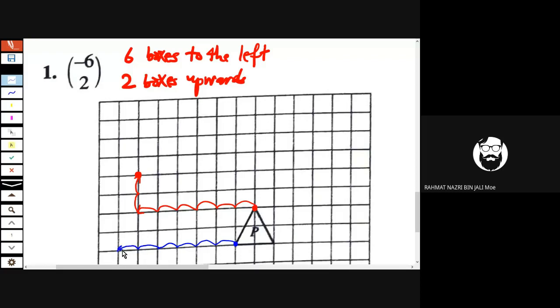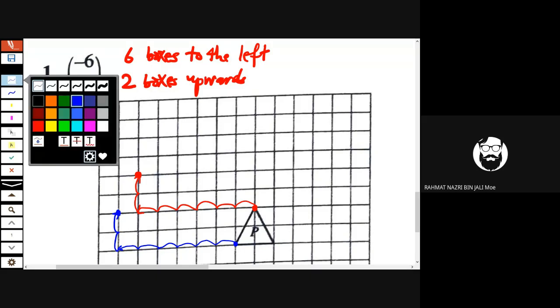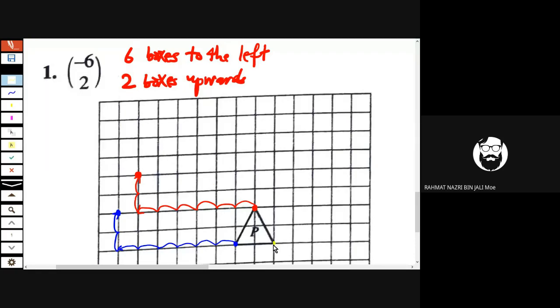Kemudian ke atas, 1, 2. Sama-sama buat nanti ketinggalan. Kemudian titik yang ketiga, corner yang ketiga. Saya ambil warna kuning. Ini yang ketiga. Ketiga ini juga bergerak ke kiri sebanyak 6. 1, 2.